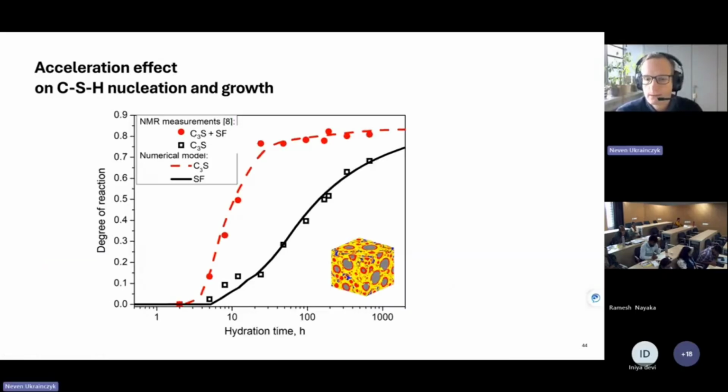Here is one model we did a long time ago. It was at a conference in Japan. You can see these are NMR measurements from the literature. They are from the Norway Institute.